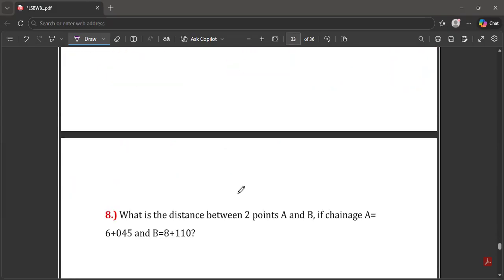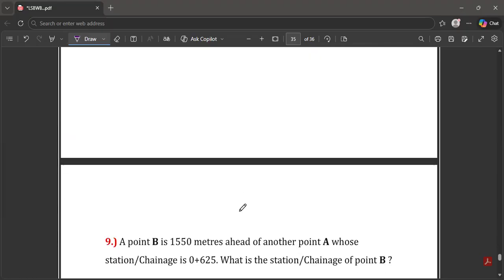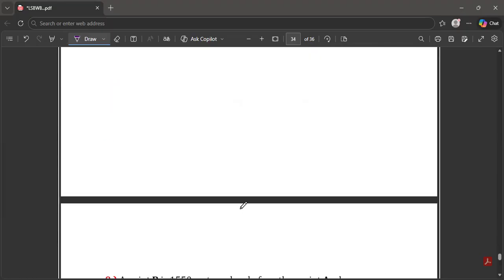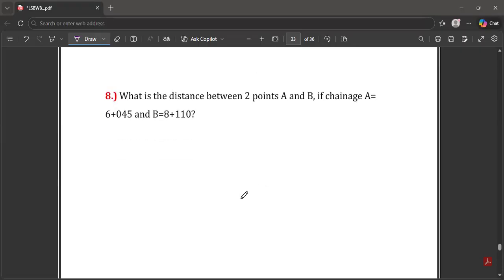So last but not the least, the question is a contours question. Let's quickly look at it and then we'll see how best we can wrap up for the class.